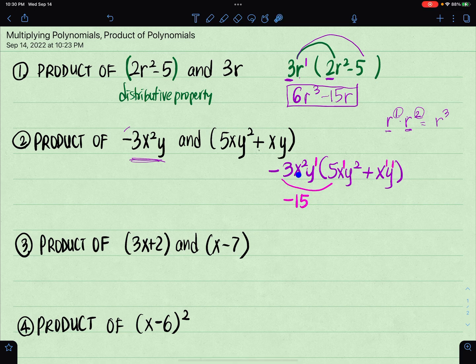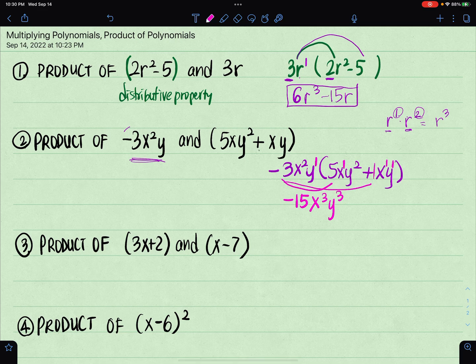When you multiply by the same base, you keep the base and you add the exponents. So 2 plus 1 is 3. Same idea here. y to the first times y squared is y to the third. Now we're going to distribute over here.